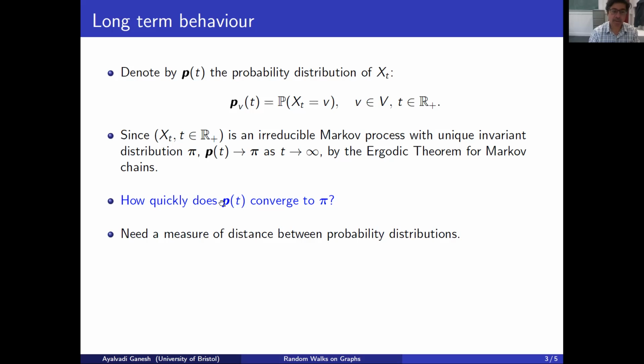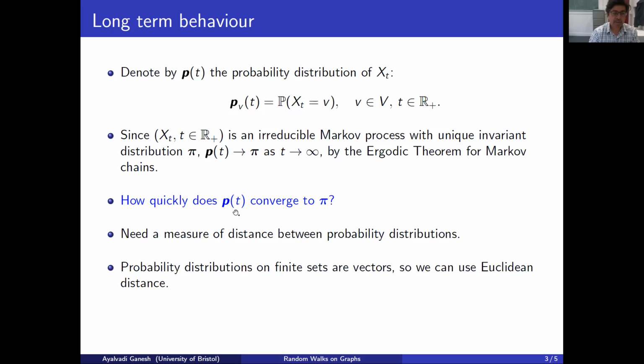So when I say pt converges to pi, in what sense, in what measure of distance does it converge, and how quickly? So we need some measure of distance between probability distributions. How close or how similar are two probability distributions? We saw already that probability distributions are row vectors on the state space. So we could just use Euclidean distance. That would be a perfectly reasonable choice.